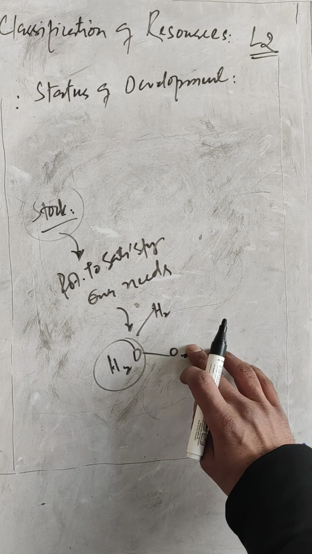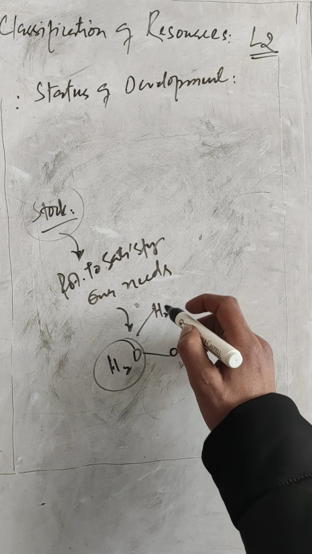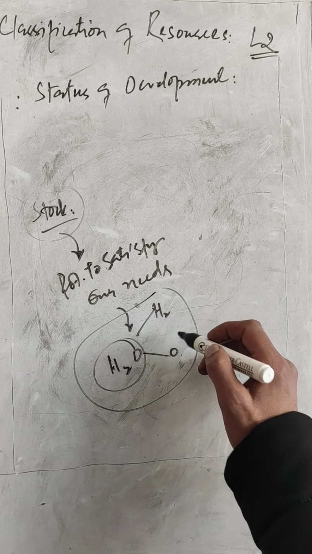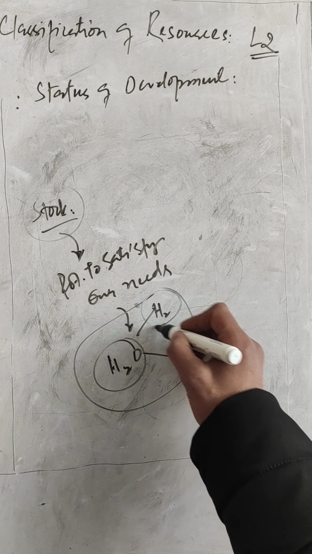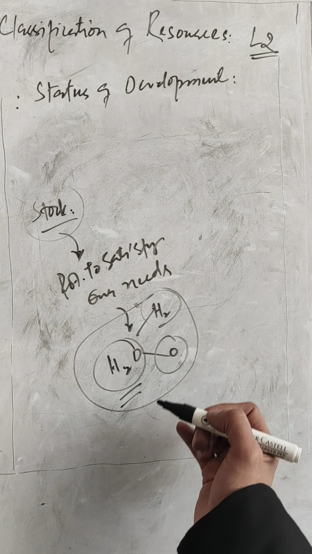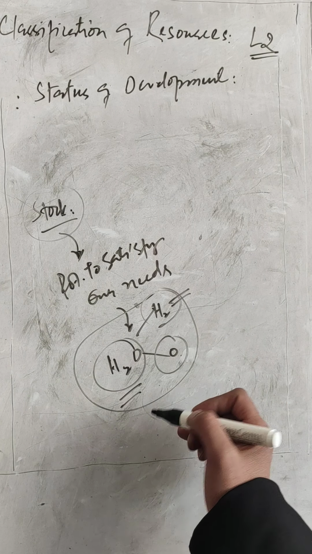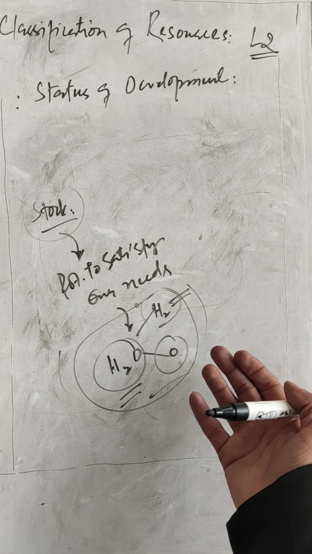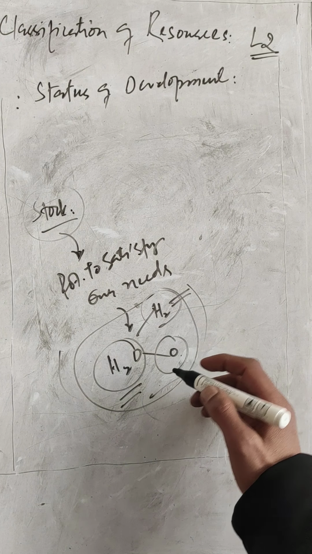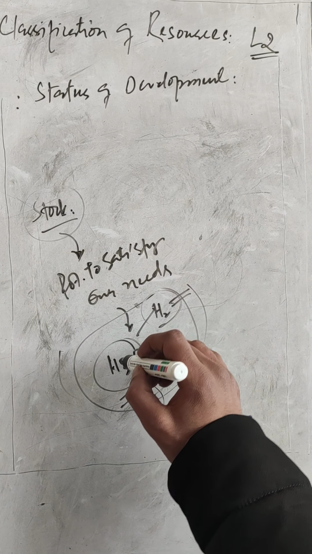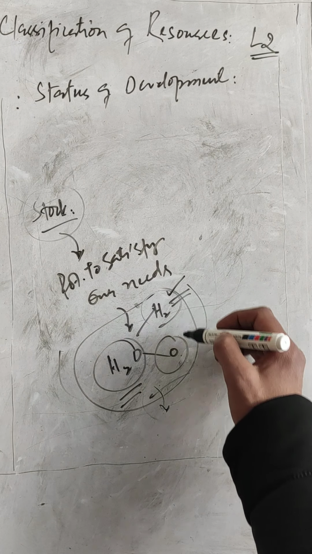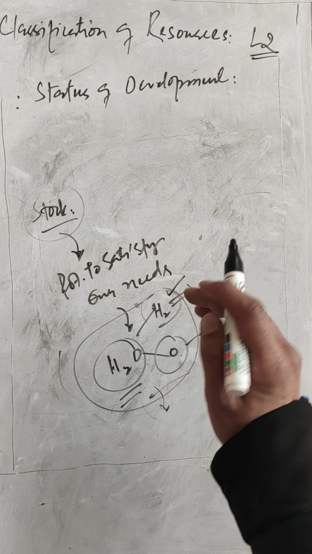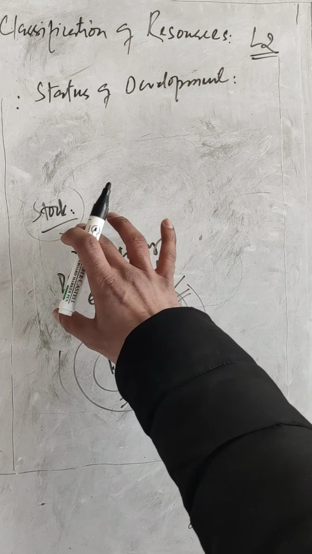We do not have the technology which can take out hydrogen and oxygen out of water, so that this can be used as the best fuel. Therefore, this comes under stock. Might be in future we can have such technology which can bifurcate the water in order to get hydrogen or oxygen to satisfy our needs. Therefore, such resources come under the stock.